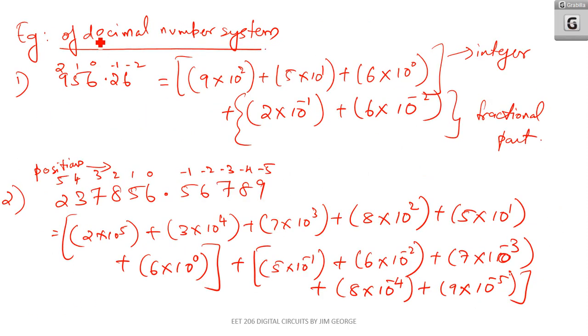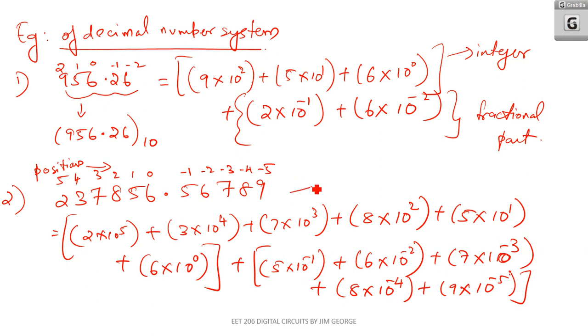So here I have given two examples. Here I can write this 956.26. This is basically a decimal number. So I can write this as 956.26 to the base 10. Base 10 means it is basically a decimal number.